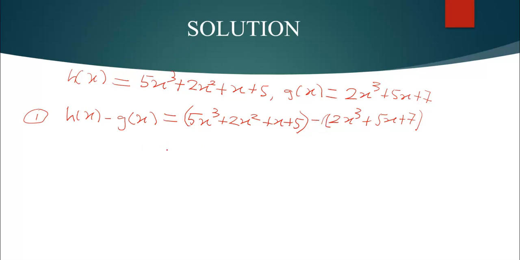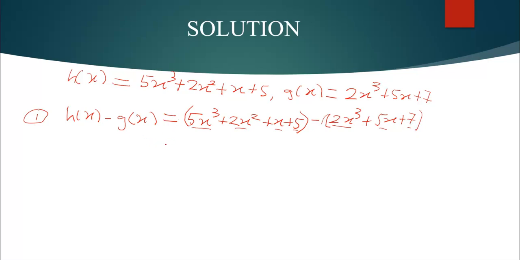Now we subtract like terms. So 5x cubed, its like term is 2x cubed. 2x squared has no like term here. x has a like term of 5x, and 5 has a like term of 7.